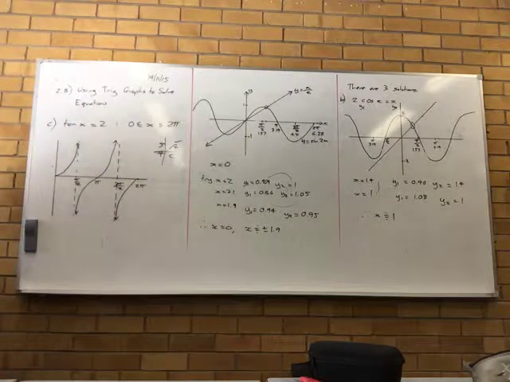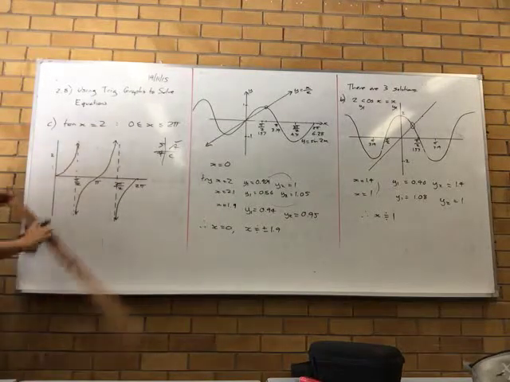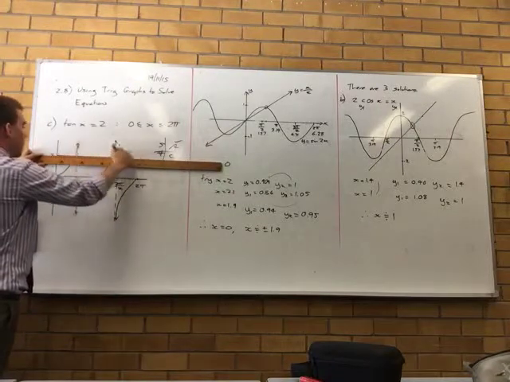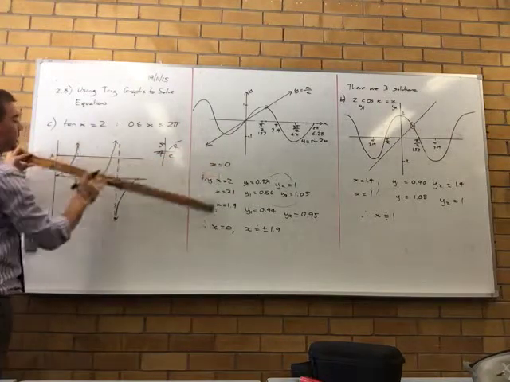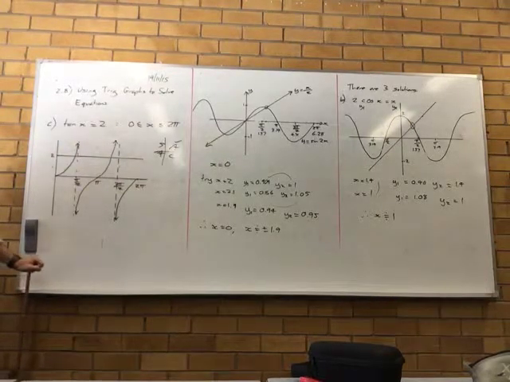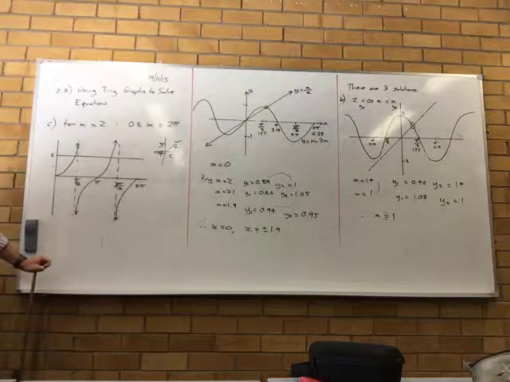Right, so I'm going to specify the domain. And then there's y equals 2, which is that horizontal line that crosses the y-axis at 2. So from your graph, how many solutions?